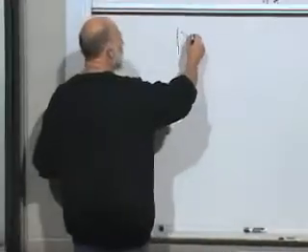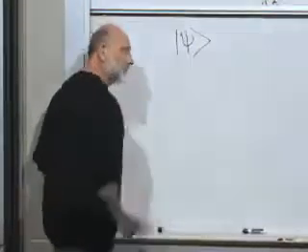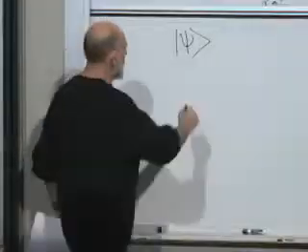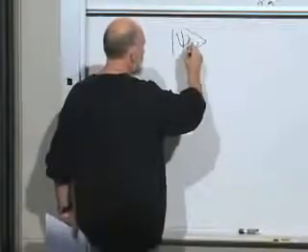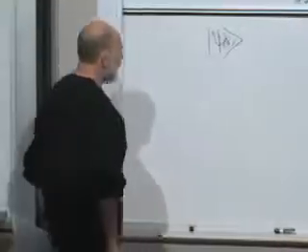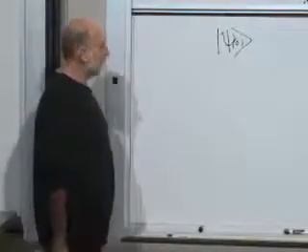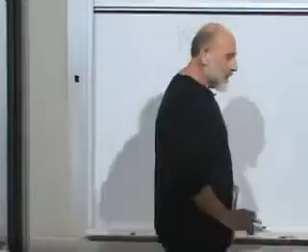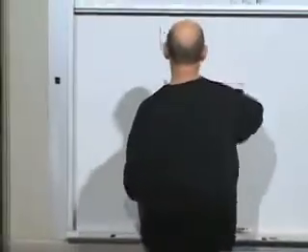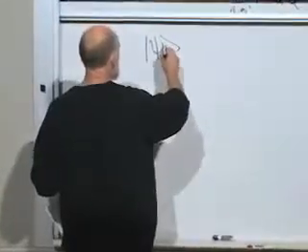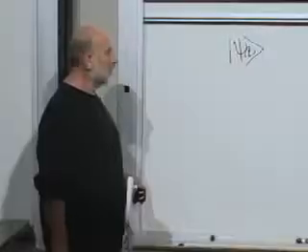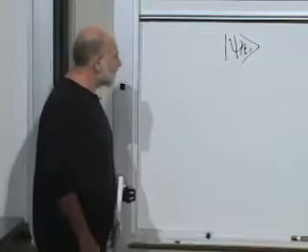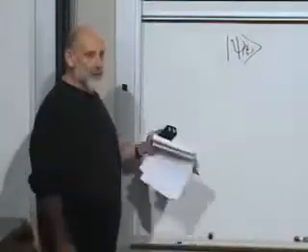Start with any state psi. It could be any state of the system. And let's imagine it at time 0. Okay. After a certain amount of time, it evolves to a new state, which is the state at time t. The principle of quantum mechanics that I'm going to say now is, first of all, that the evolution is linear.